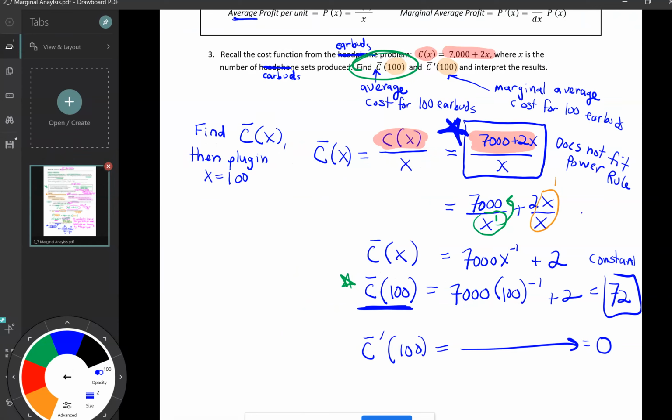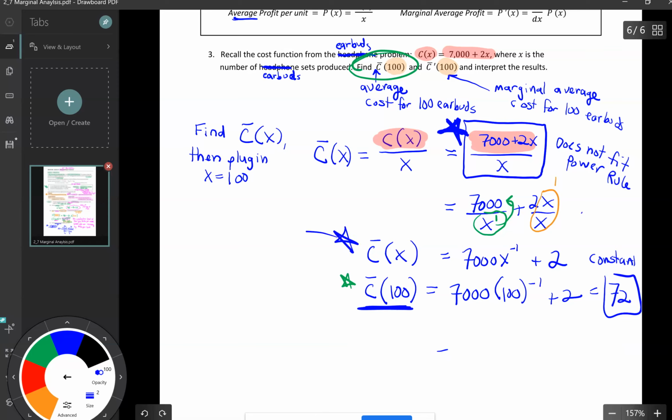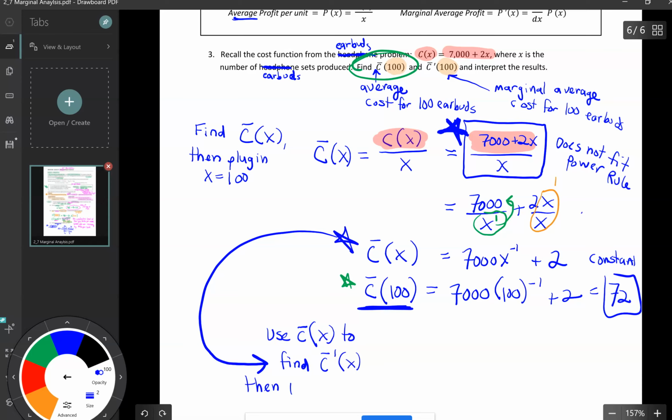And that doesn't make sense in this problem. So what we're going to do instead is you have to come back up here to this formula. So you need to use C bar of generic X to find C bar prime of X, then plug in X equals 100.